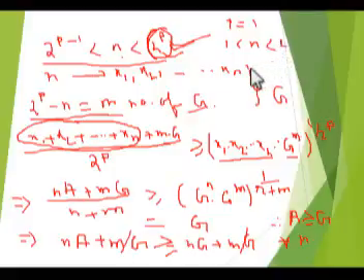So for the value n, it must be equal to 1 or 2. So n belongs to 1 and 2, and n is a positive integer.